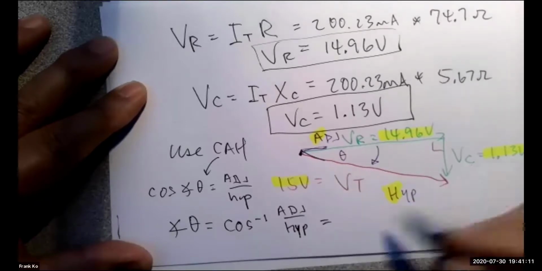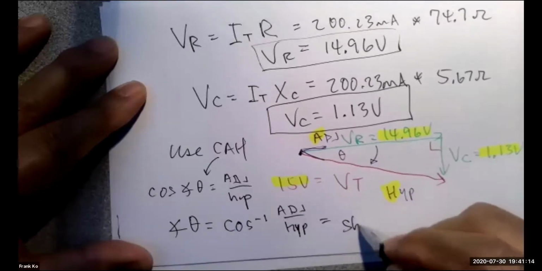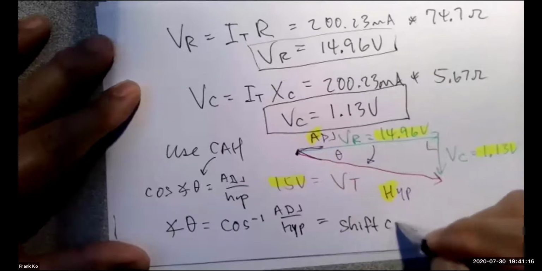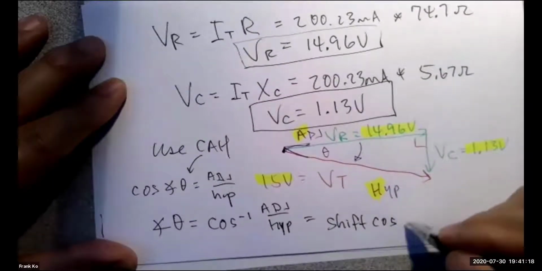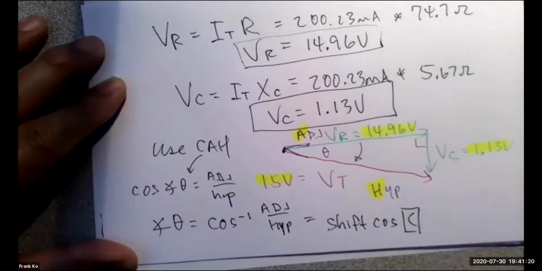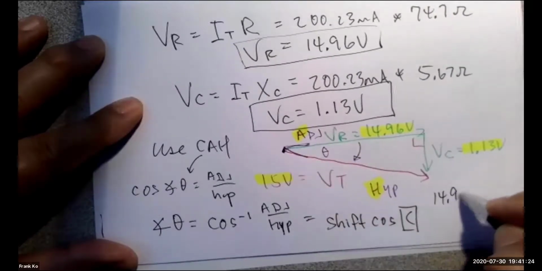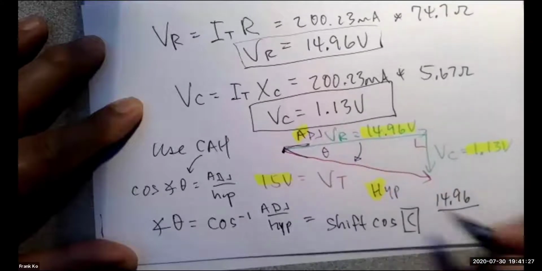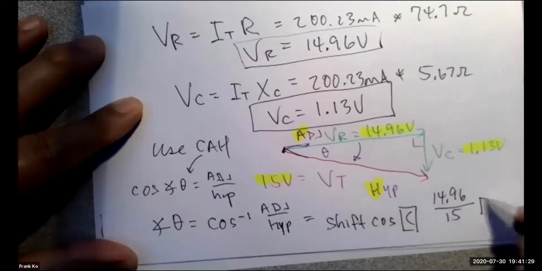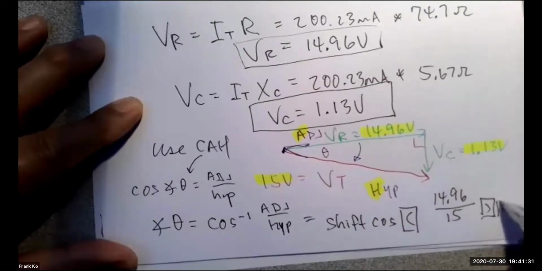So this is equal to shift cosine, open parentheses, and adjacent is 14.96 over the hypotenuse of 15, close parentheses, and equals.